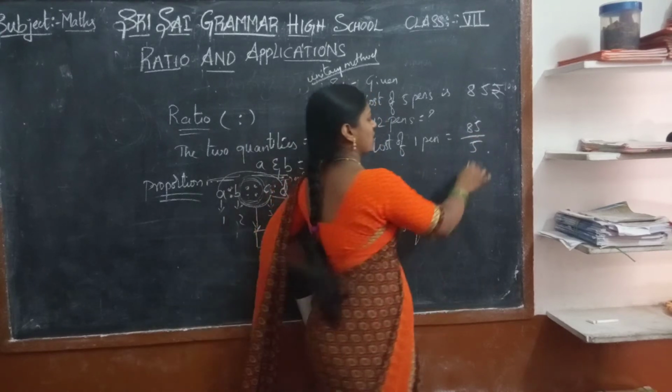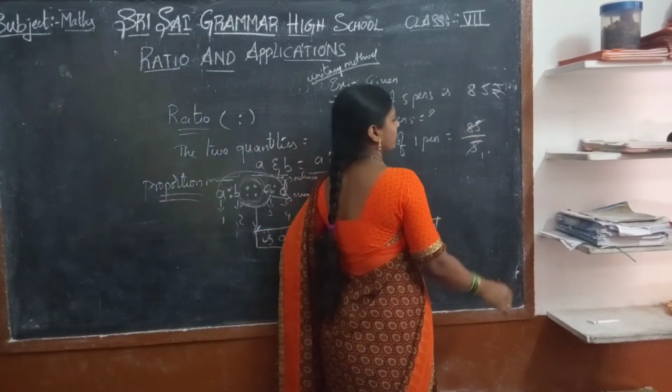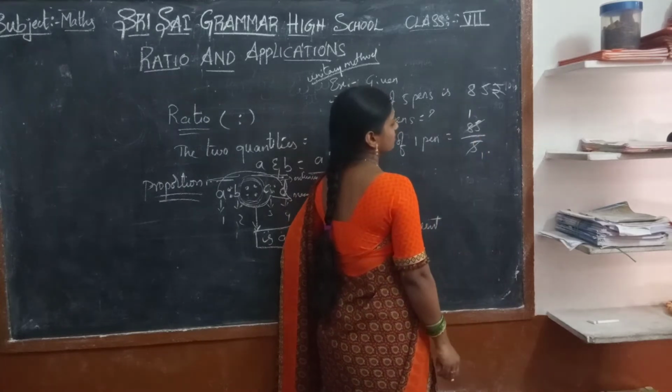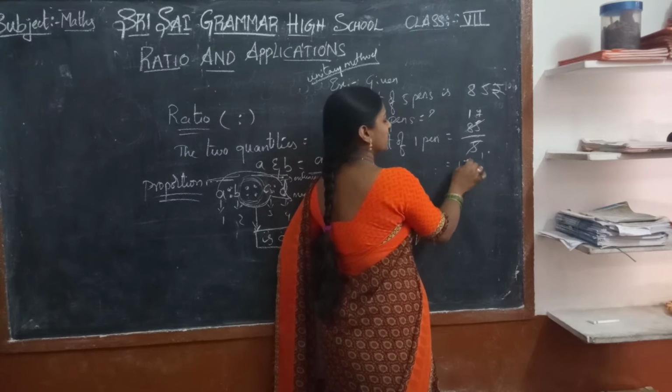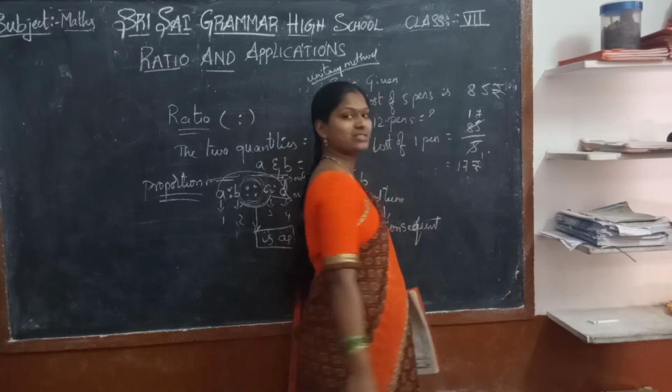5 sevens are 35. So each pen costs 17 rupees.